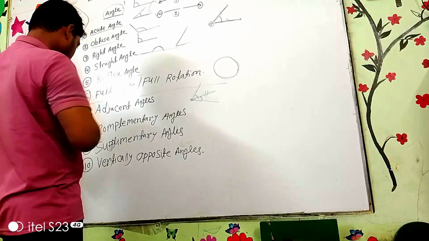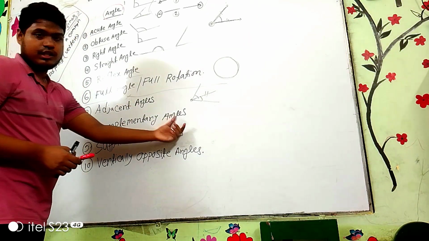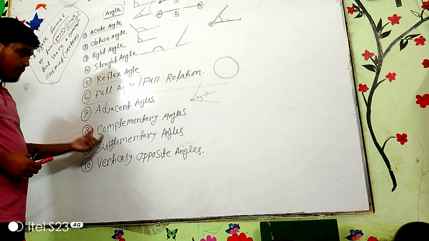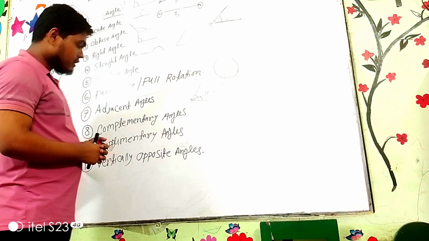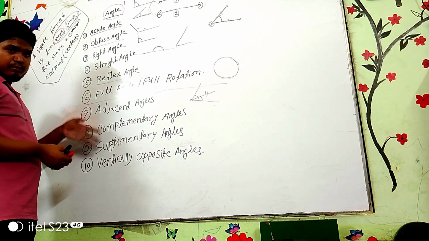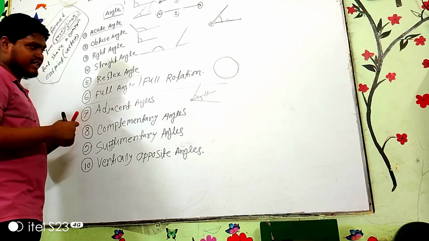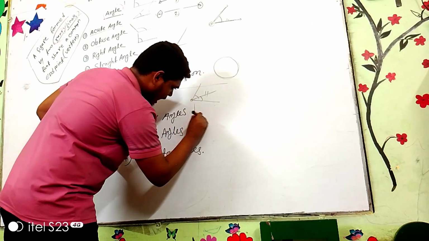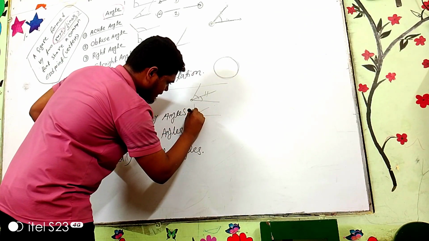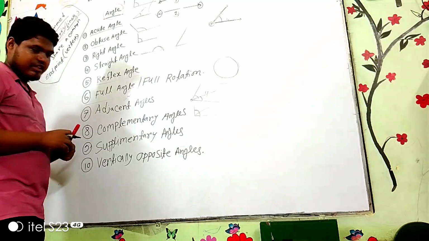Okay, complementary angles. Complementary angles are when two angles add up to 90 degree. It's called complementary angles.